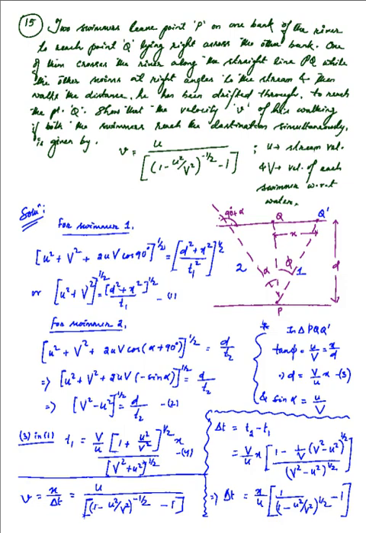Now the next question, the 15th one, has two swimmers leaving a point P on one of the banks of the river, and they reach the point Q, which is lying right across on the other bank. One of them crosses the river along the straight line PQ, that is straight ahead, while the other swims at right angles to the stream, meaning he starts off perpendicularly.